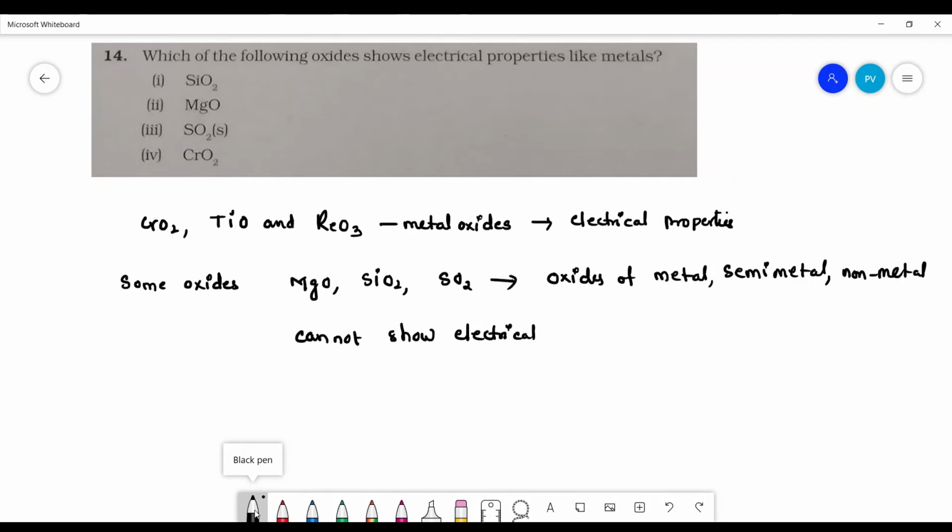So the answer here, which of the following shows electrical properties like a metal, is CrO2.